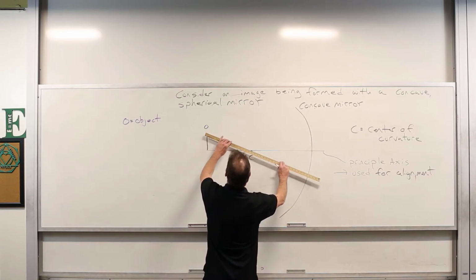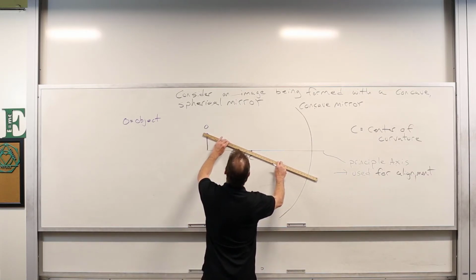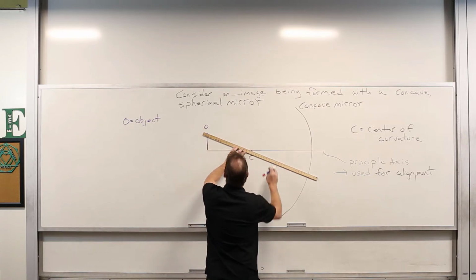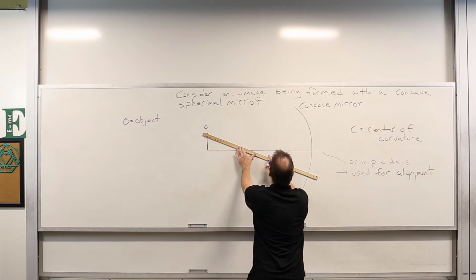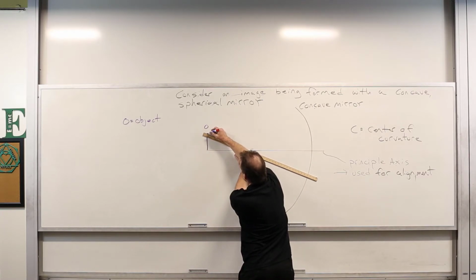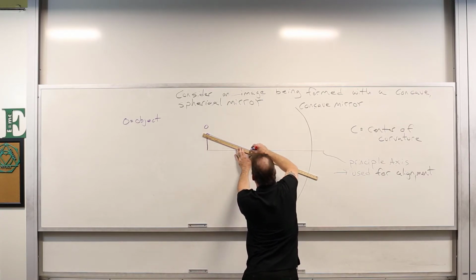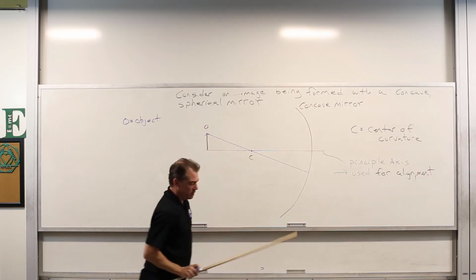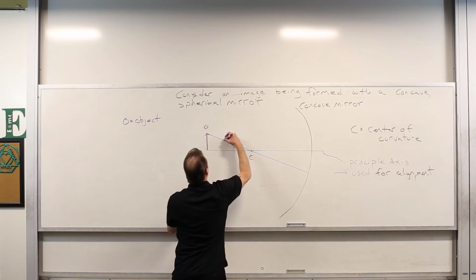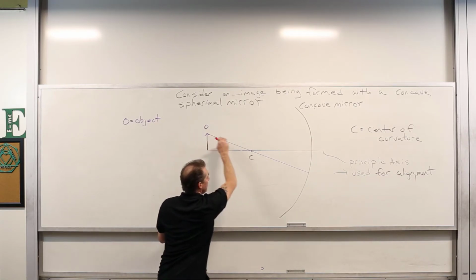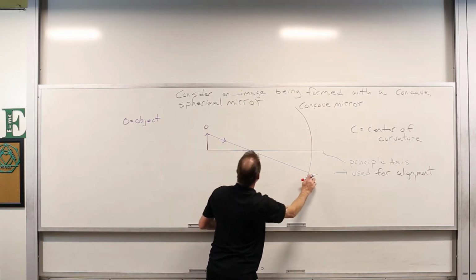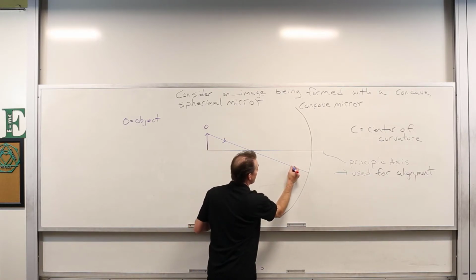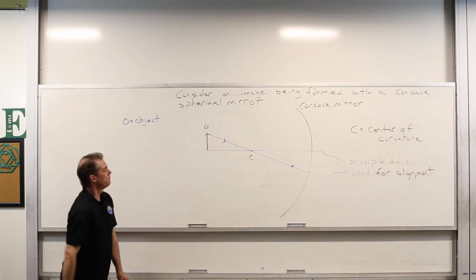Let's consider the tip, because if we can do it for the tip, we can do it for everywhere. It comes and strikes the mirror at normal incidence because it goes through the center of curvature, and then it just reflects back upon itself.